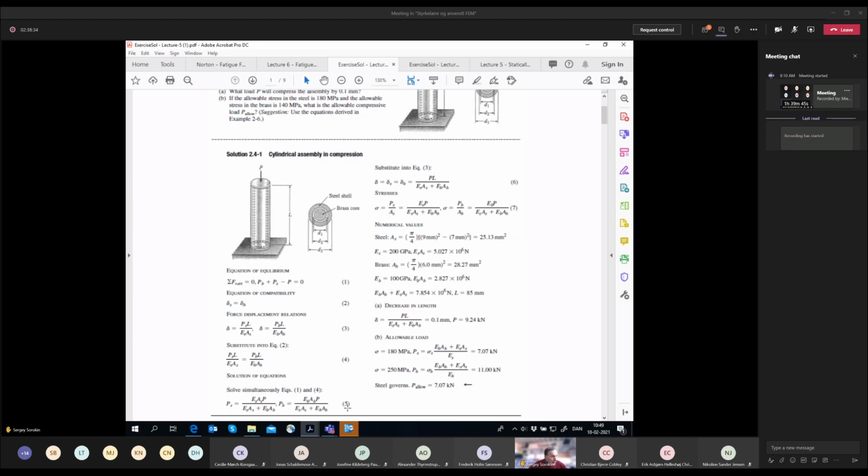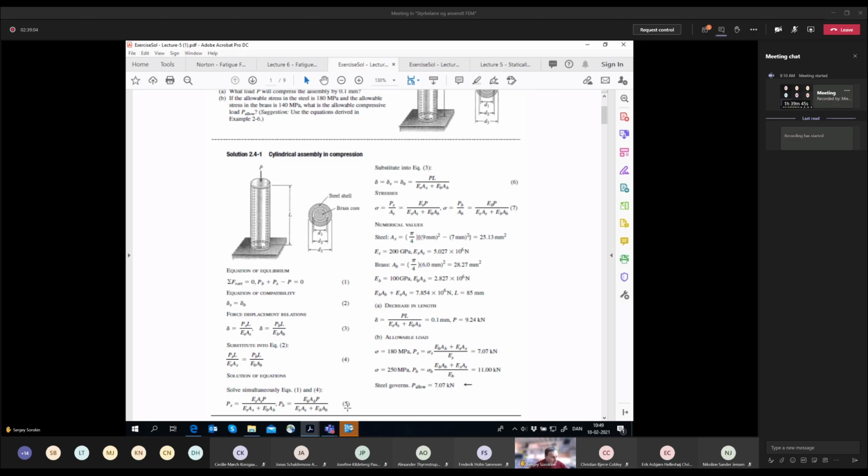Equations 5 is the answer for the system of these two equations written above. Then you can immediately see, looking at the dimensions, that you can take this P out of this fraction, so that you have ESAS divided by ESAS plus EBAB, times P.